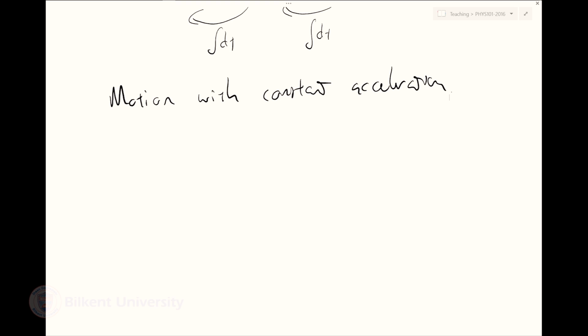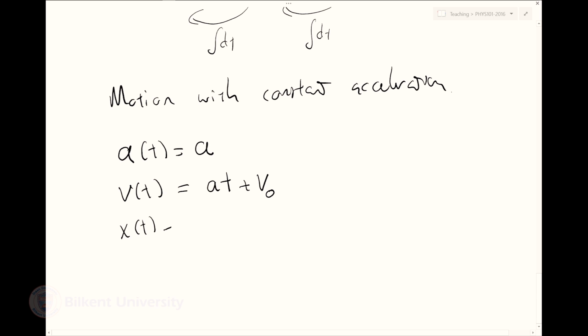We can derive the formulas for how position and velocity change when I have a motion which has acceleration which is not changing with time. A simple integration of this is going to give me my velocity as a function of time. It's going to be v(t) = at plus v0, whatever velocity I have at time t equals 0. And the position at time t will be just another integral: x(t) = 1/2 a t square plus v0 t plus whatever position I initially had.